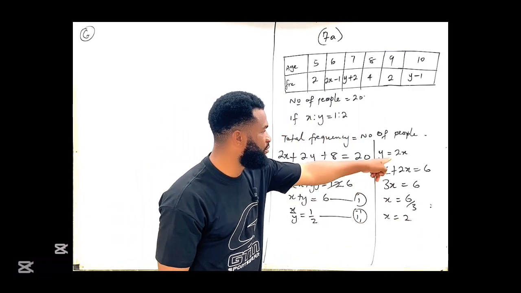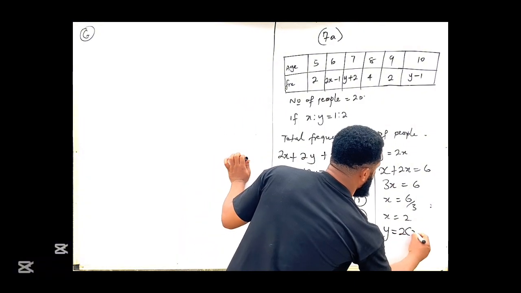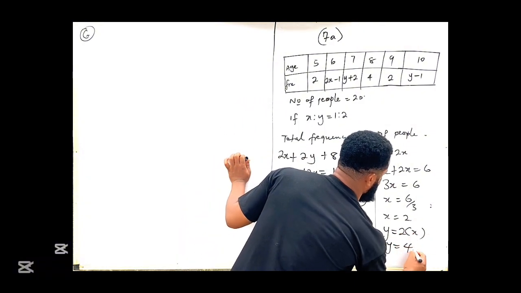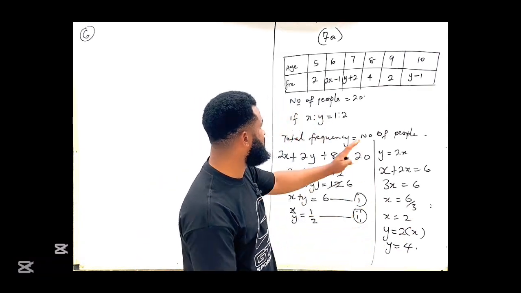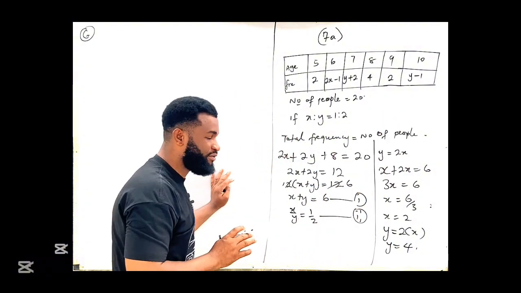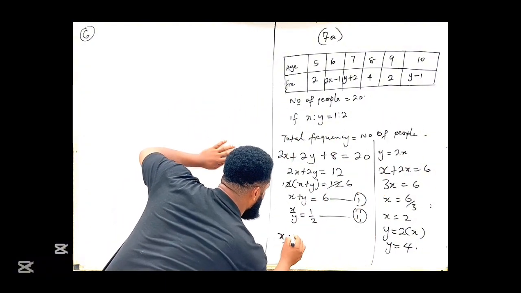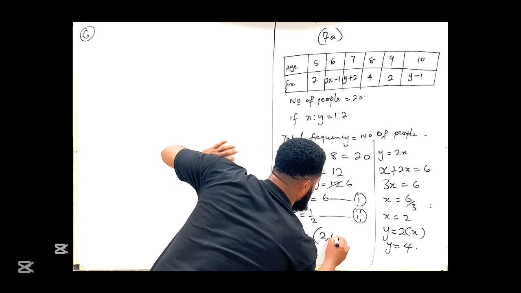So I can find y. Remember, from that place, I know that y is equal to 2x, and y is going to be 4, because x is 2, 2 times 2 is 4. So I have found the value of y and I found the value of x. So I represent it as x comma y is equal to 2 comma 4.